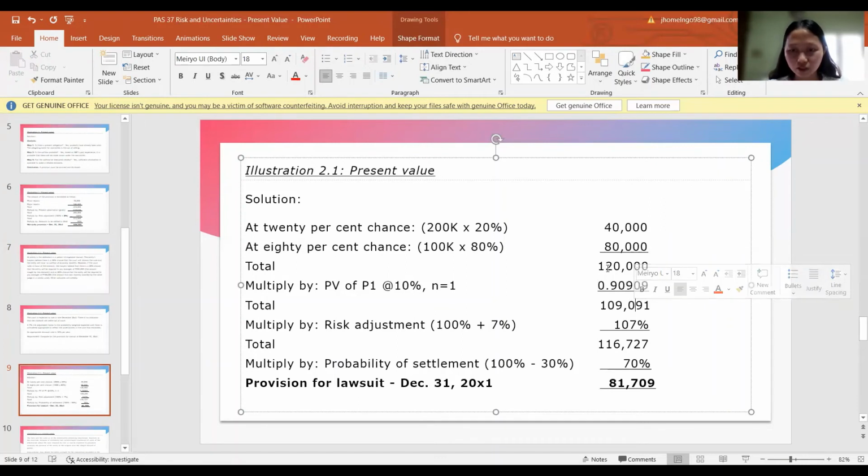So 120,000 times 0.90909 is equal to 109,091. Multiply by risk adjustment, which is 100% plus 7% is equal to 107%, is equal to 116,727. Multiply by probability of settlement, which is 100% less 30% is equal to 70%. So the 30% is gotten here.